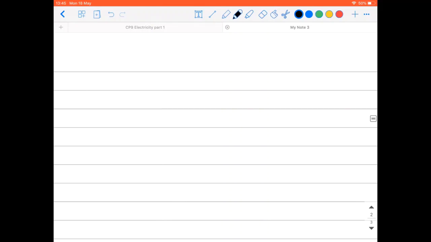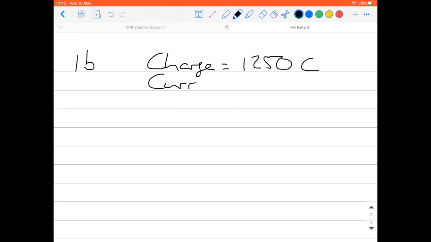So for 1B, this time the charge is equal to 1,250 coulombs. The current is the thing I don't know, so I'm going to use the symbol I, and the time this time is 100 seconds.